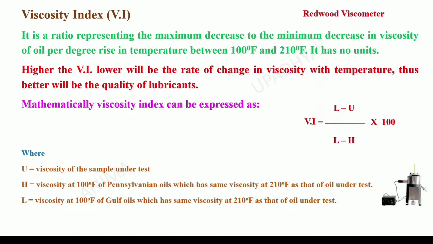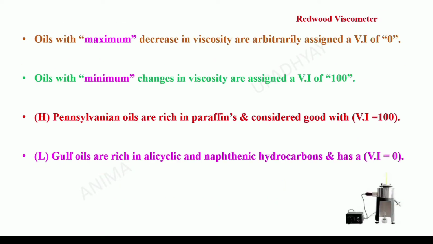To understand that, we must know that oils with maximum decrease in the viscosity are given an arbitrary value of 0 viscosity index. And minimum change in the viscosity are assigned 100 as the viscosity index.